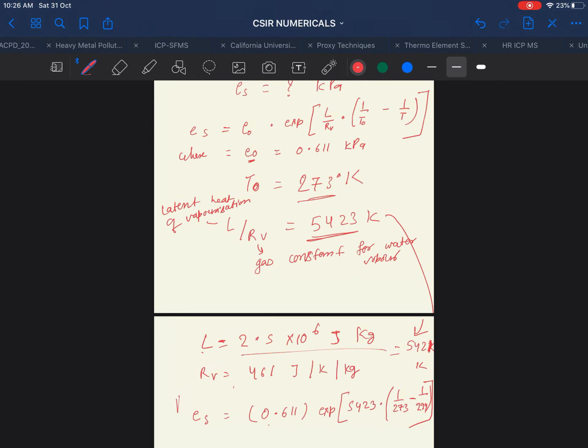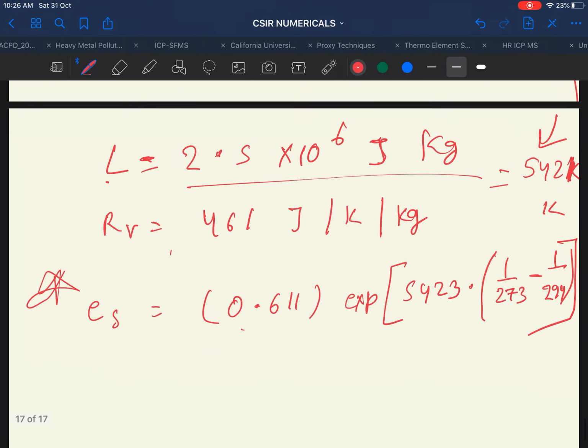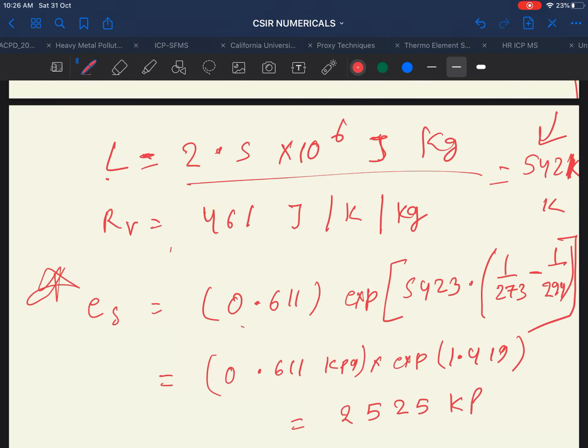Can you see this? This over here and this over here, right? So now what we can do is, we can do like this: kilopascals. When you solve this, it will become 1.419. Okay, when you further solve it, you will get 2.525 kilopascals.